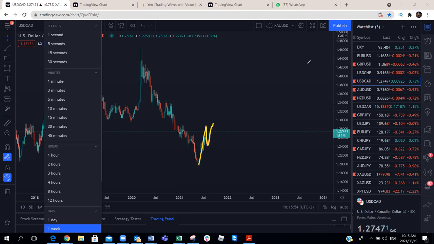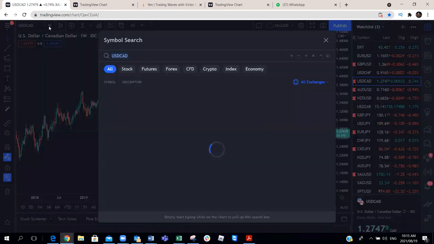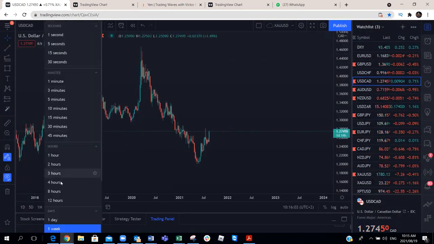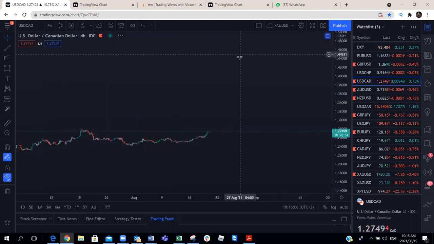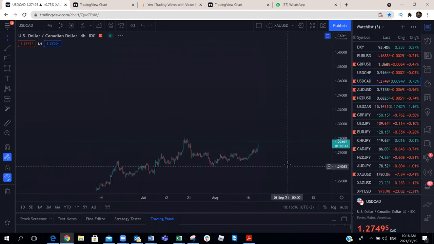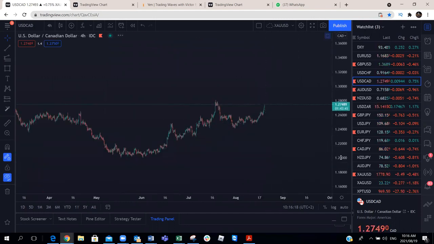So let's look in the 4 hours so we can see what the next move is going to be here. Let's look on the 4 hour. 4 hour continues to push to the upside. So we initially were looking for this.